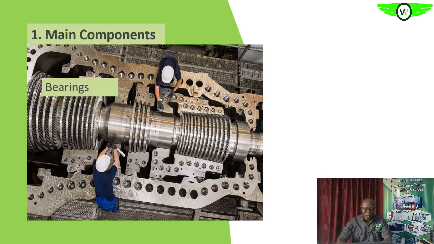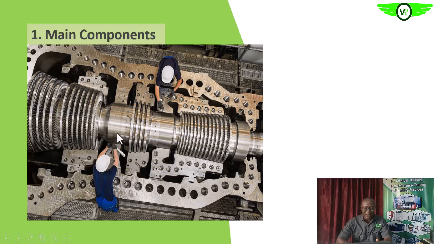So we've talked about the bearing. See, this is a larger rotor. As you can see, on a larger turbine we have journals within the turbine. This, as we see, is a multi-stage turbine. We will come to see all of this later.